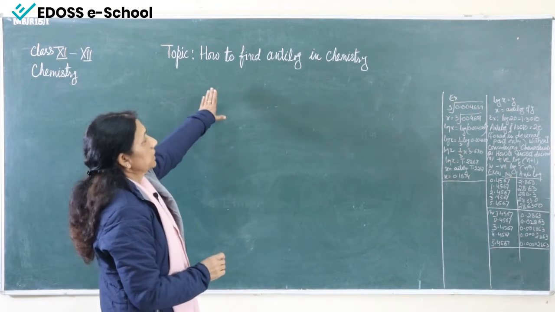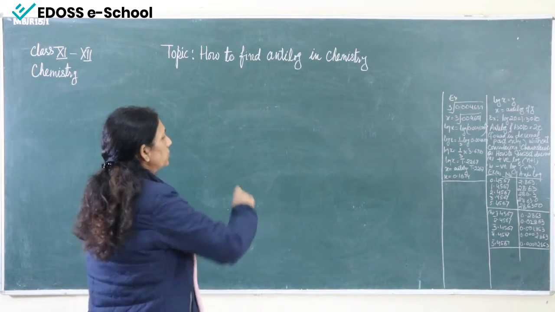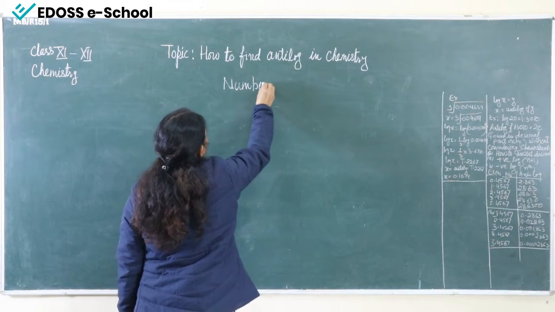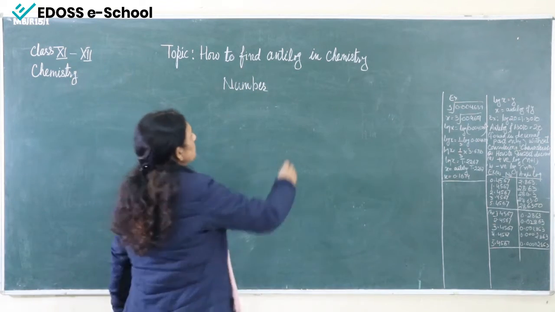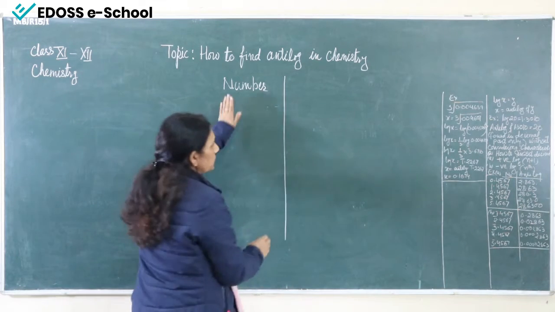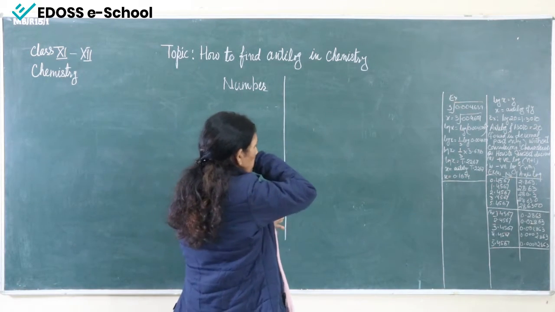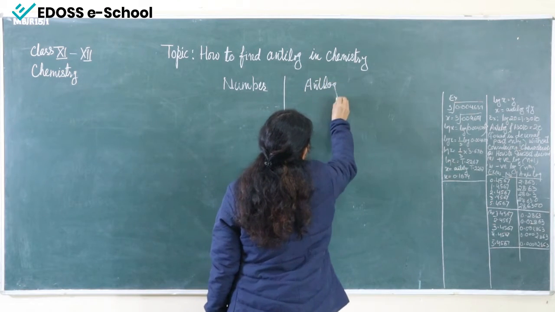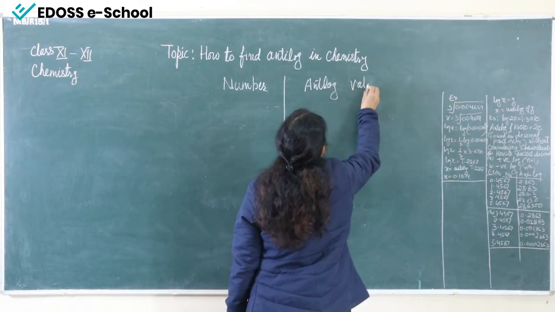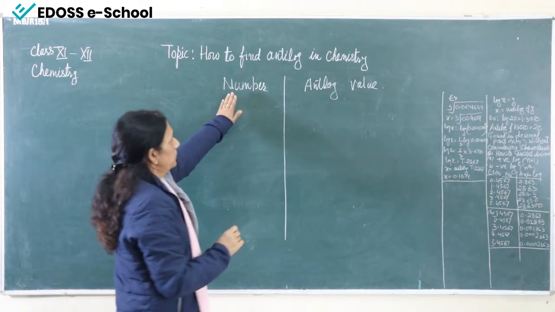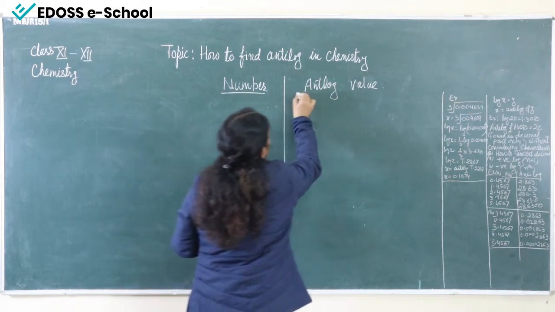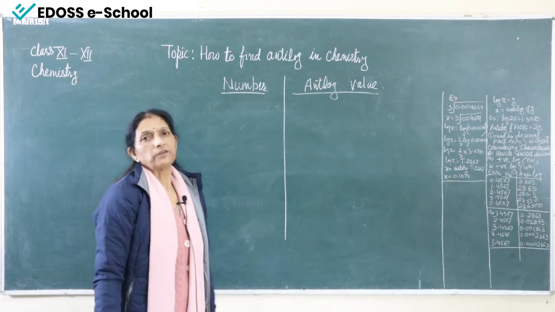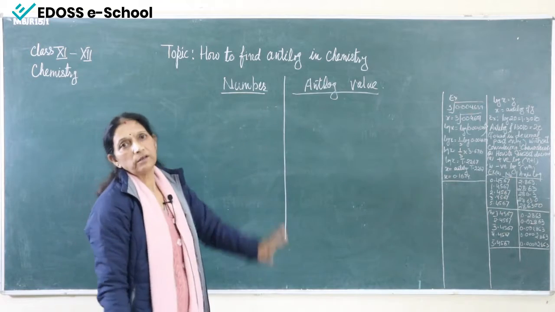Suppose I take a number, and we need its antilog value. How do we find the antilog value of the given number?